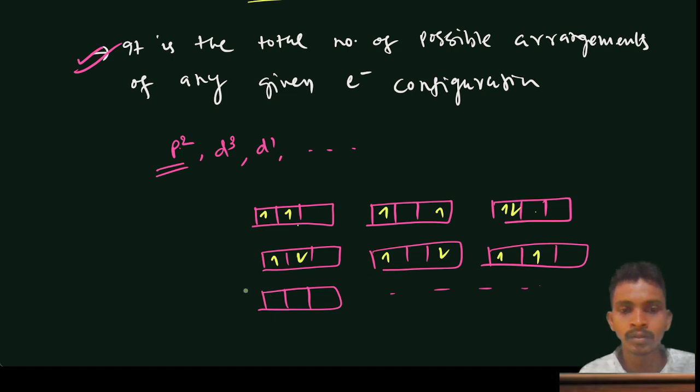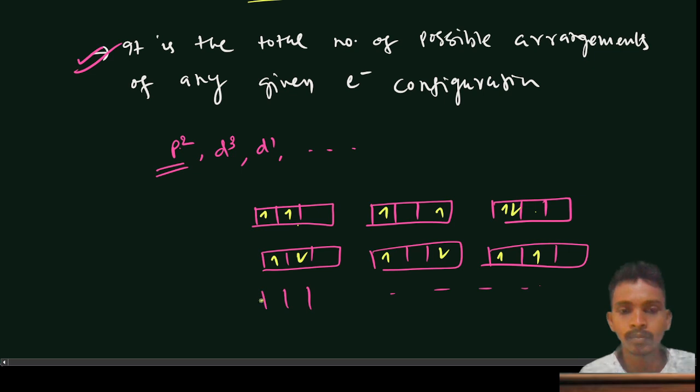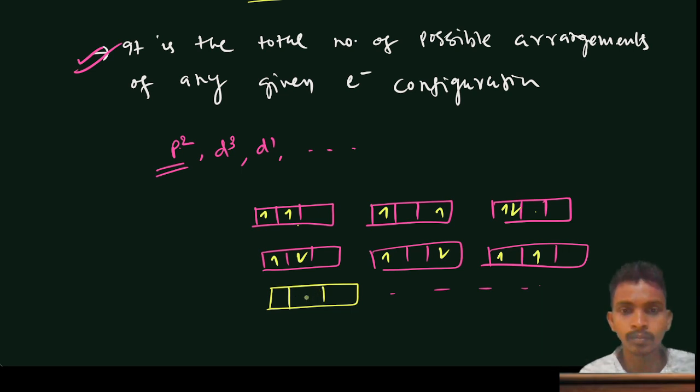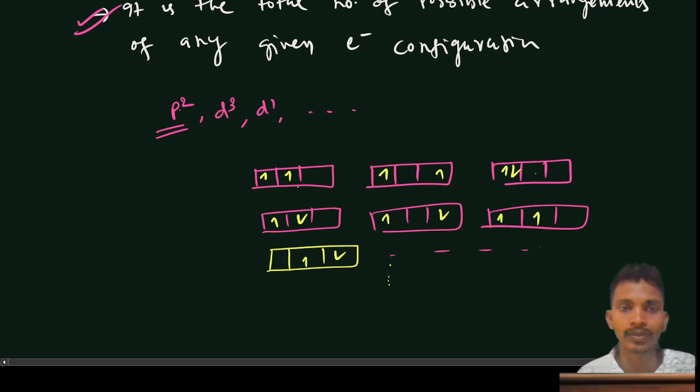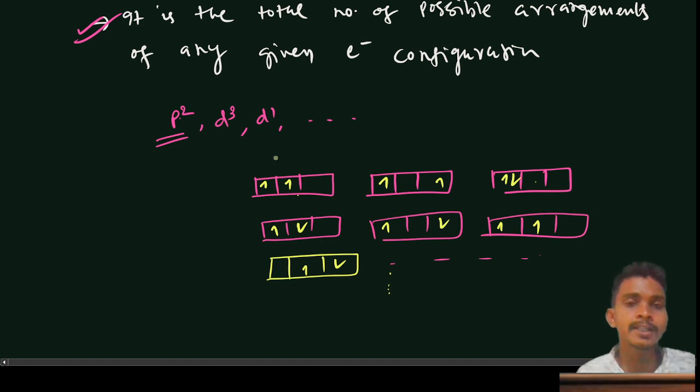So in different ways like that we can arrange. Like this we can arrange, and a lot of arrangements are possible. So how many arrangements are possible? The total number of possible arrangements is called the microstates.